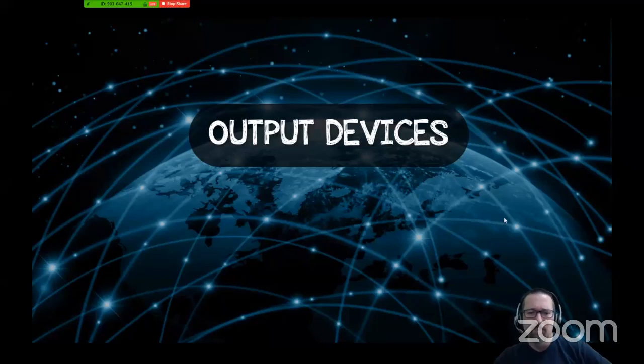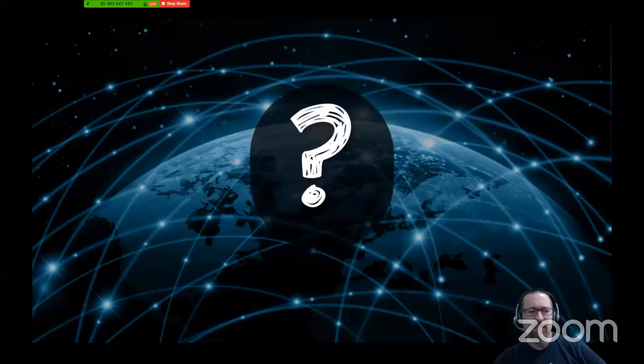Right, output devices. Let's have a look at what is output. Can someone type out a little message and tell me what you define as output in terms of computer technology? RJA says it's the display of information. Yes, it does have something to do with displaying information. What else?